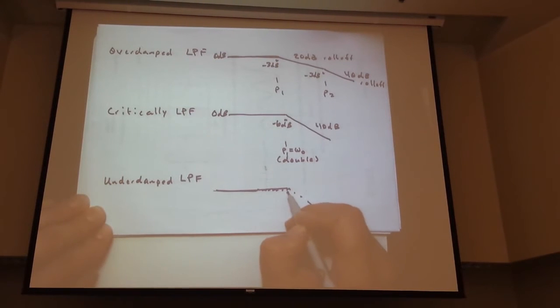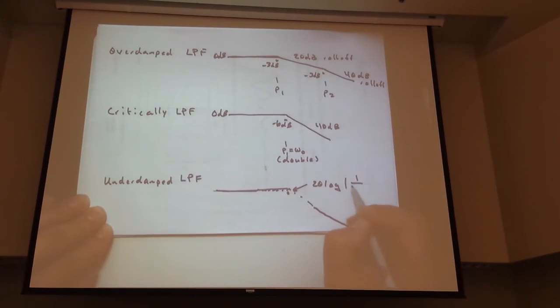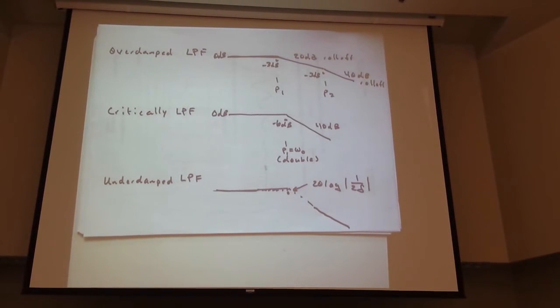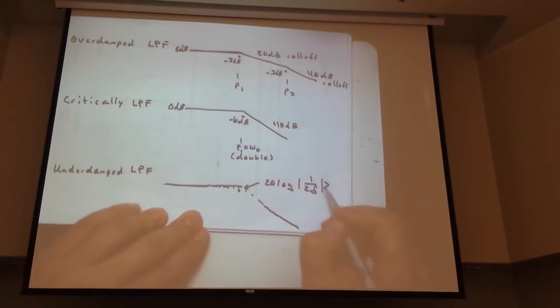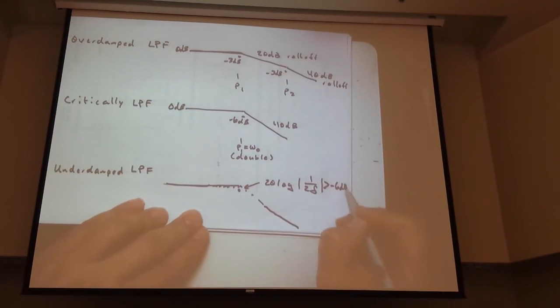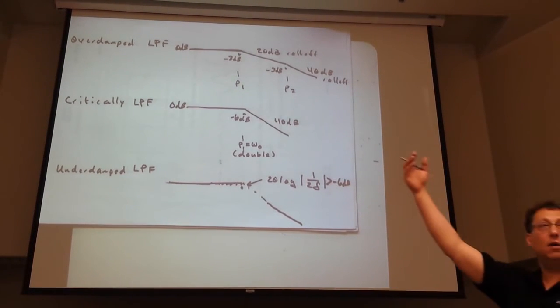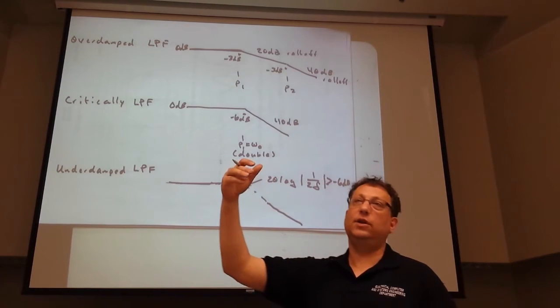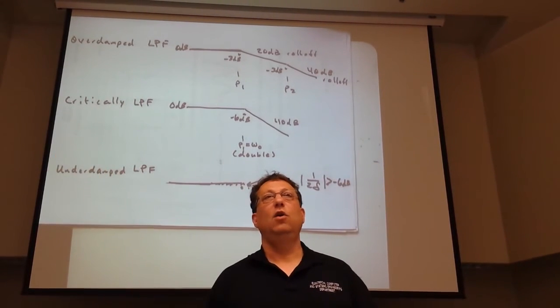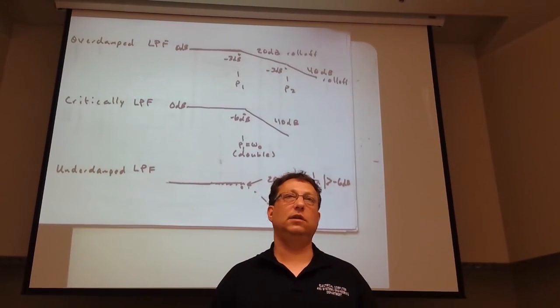This point here, whatever it is, that's 20 log 1/2 times the damping ratio, which can be more than 0, which is greater than or equal to minus 6 dB, or greater than minus 6 dB. So that's minus 6 dB or higher. When does it go larger than 0 dB? When the damping ratio is less than 1/2.